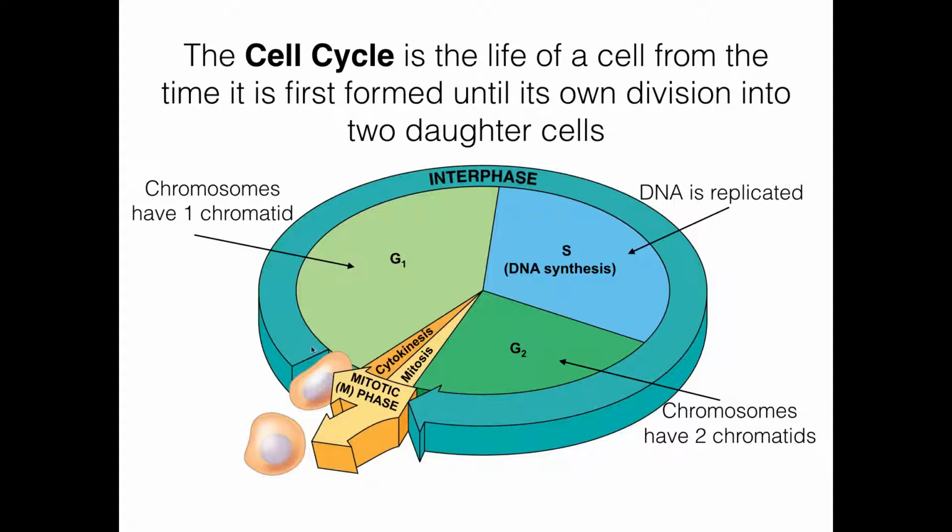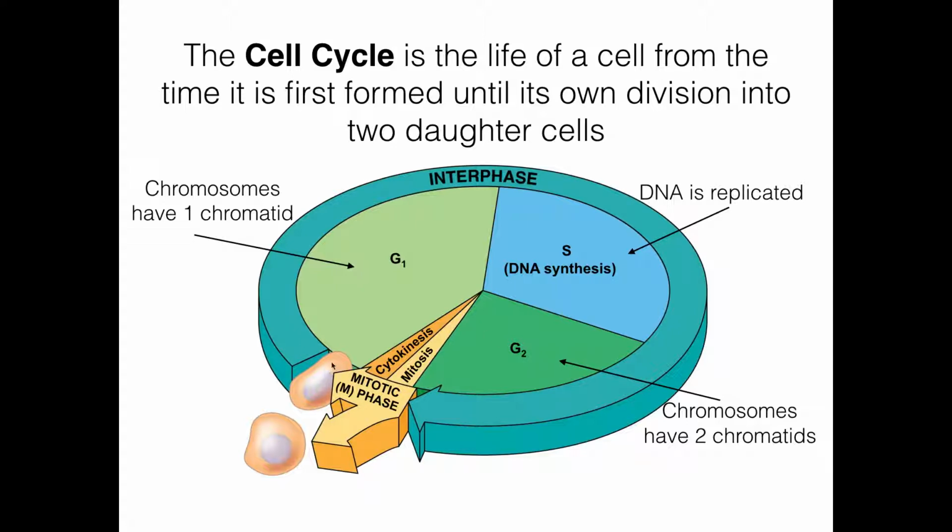Interphase has three subphases in it, what are called G1, S, and G2. The G technically stands for gap, so this is the first gap phase. This is the second gap phase. But you can also sort of think of it standing for growth, right?